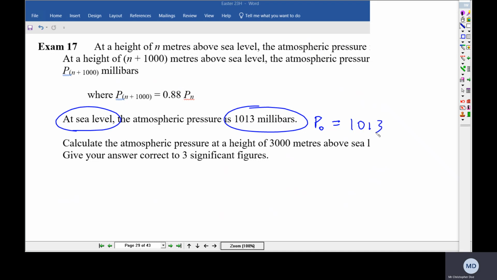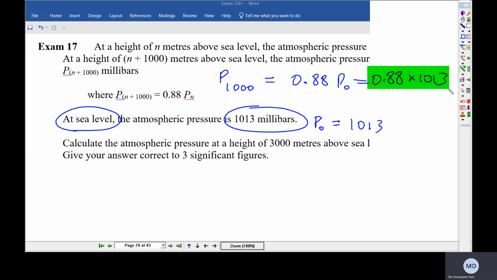So P1000 equals 0.88 times P0 equals 0.88 times 1013. If you had that, that's your first mark. Either you write down 0.88 times 1013, because that's your starting pressure, or you've done it in the calculator and written the answer.